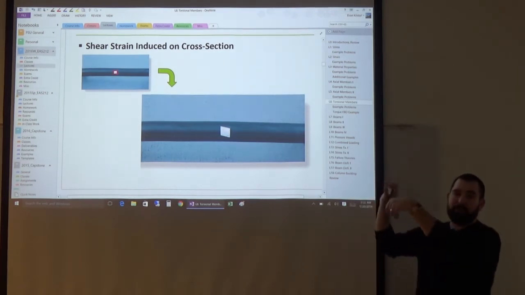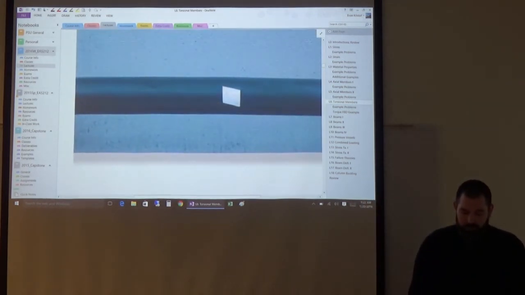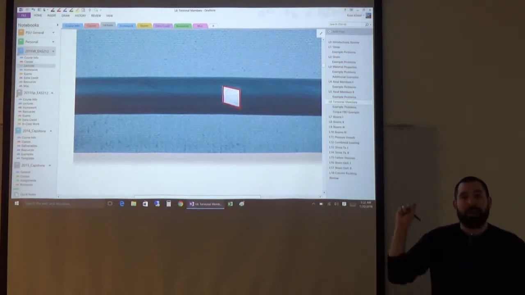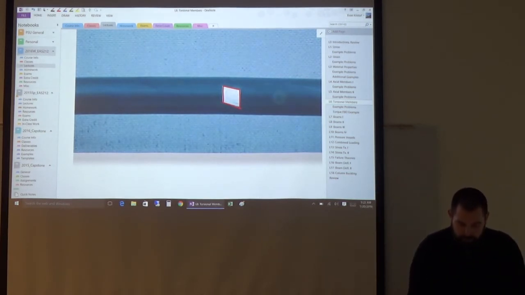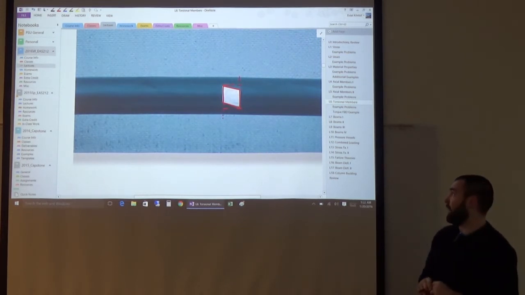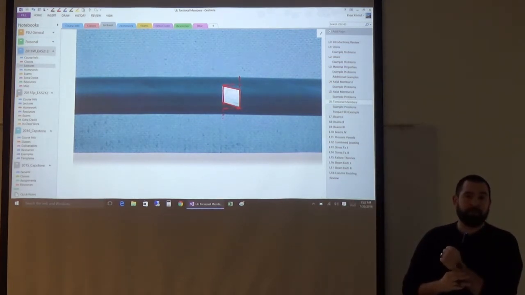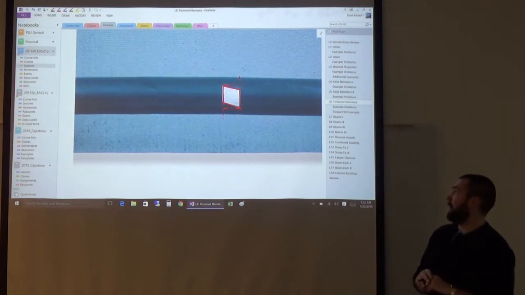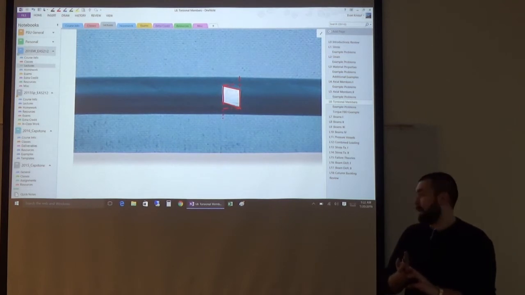And then if you twist that tubing, that square becomes a rhombus or a parallelogram. The angle of each of the corners of what used to be originally square are now non-square, non-90 degrees. And so this is the quintessential shear strain behavior that we talked about back in chapter 2. So we can already tell that torsion is going to cause some sort of shear strain, some sort of shear stress. And the big goal is going to be, how do we calculate that shear strain? How do we calculate that shear stress?